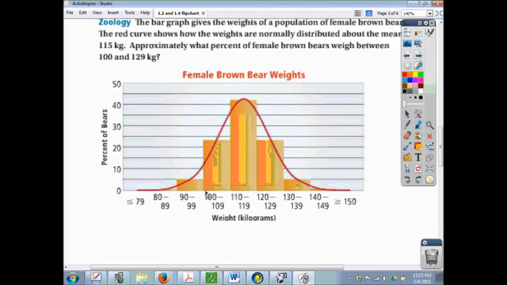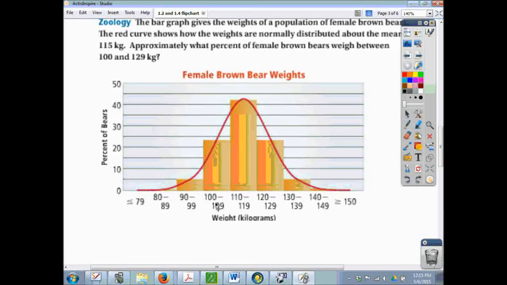So here's 100 right here, and 129. This right here is actually just reading a bar graph. What percent weigh between 100 and 109? What percent? Are we saying 23?